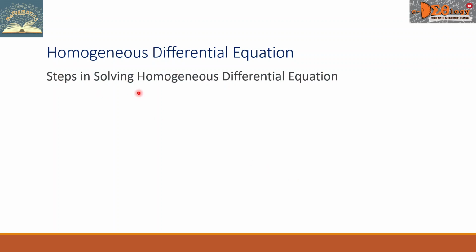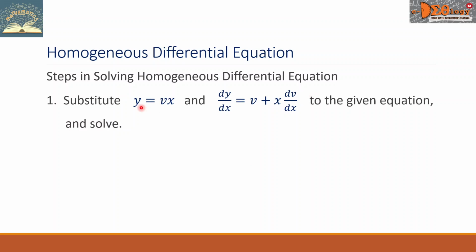We have steps in solving homogeneous differential equation. This is step 1. Substitute y equals vx and dy over dx equals v plus x times dv over dx to the given equation and solve.